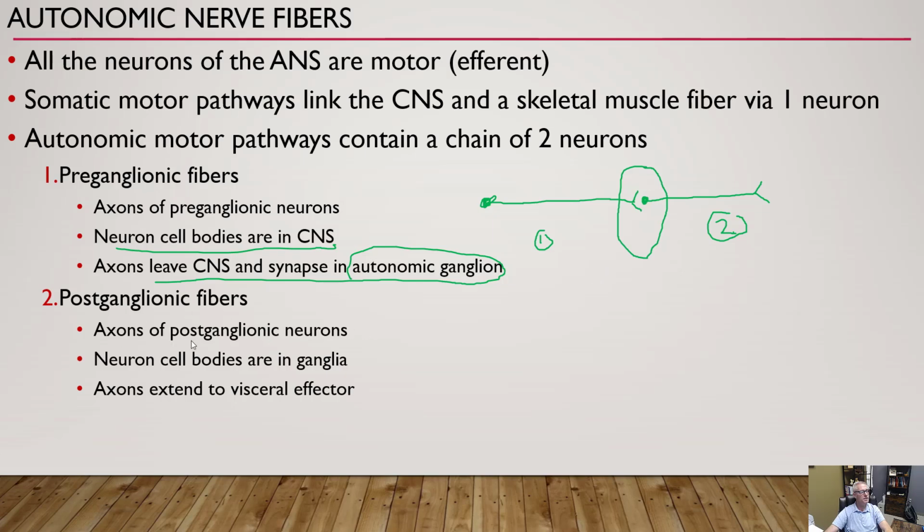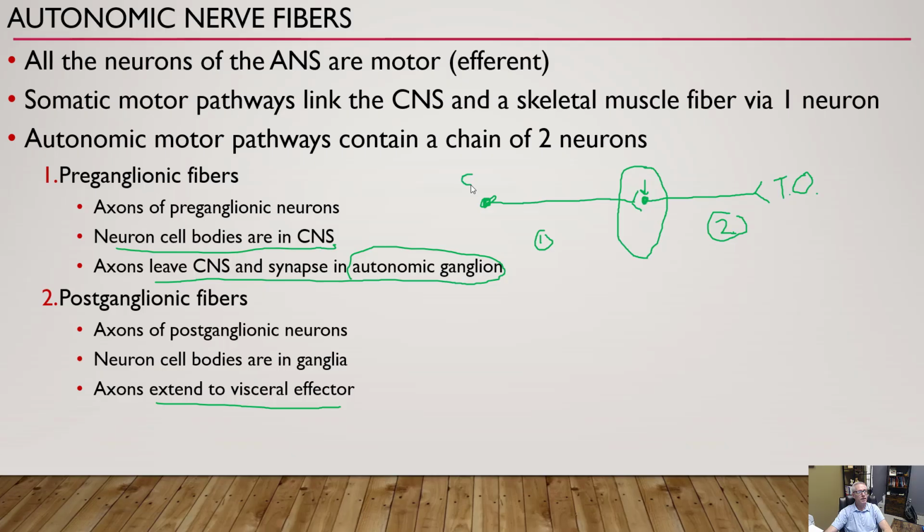Then those postsynaptic neurons, their neuronal cell bodies are inside the ganglia, and they are going to terminate on their target organ, or that skeletal muscle, or that muscle, or that gland. So here we would just say that they're going to terminate somewhere on that target organ, that effector. And that effector, like I said, is going to be a muscle or a gland.